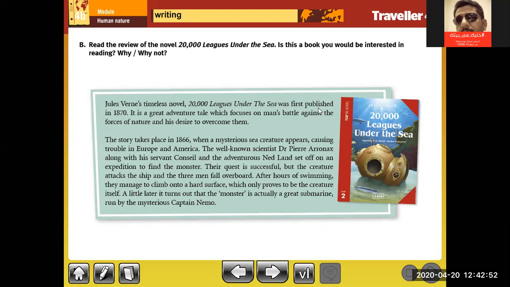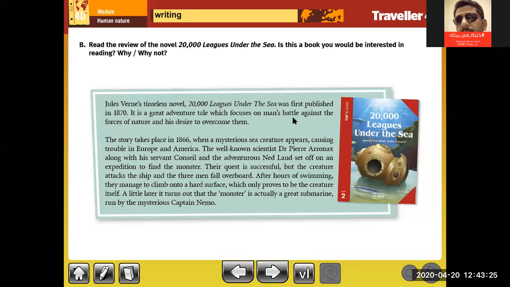Published means written, printed, edited, نشرت, in 1870, about 150 years ago. It is a great adventure tale. Tale is a kind of story, حكاية. Adventure, مغامرة.